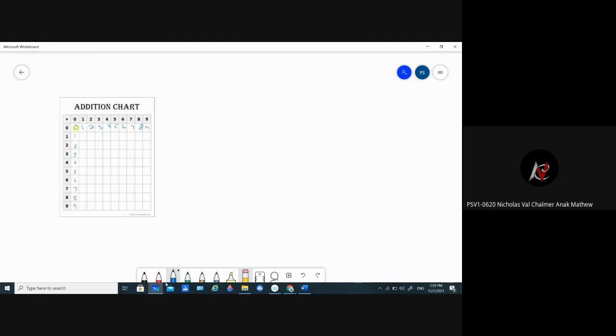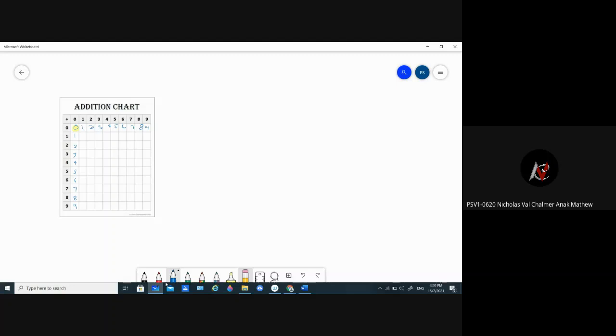Okay, so just now a student told us that one of the strategies is adding 1 and 0, correct? So all these numbers that I've written here, you can teach them as adding 0. 1 plus 0 is 1, 2 plus 0 is 2, 3 plus 0 is 3, 4 plus 0 is 4.